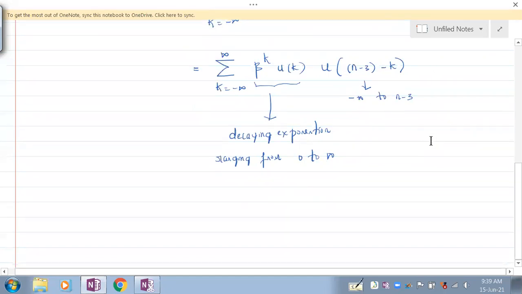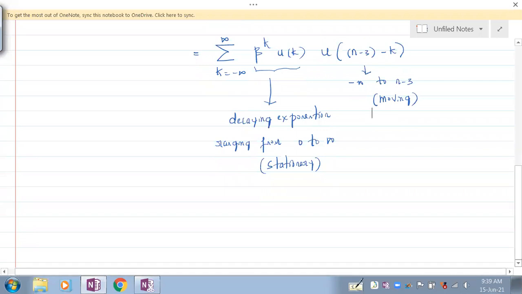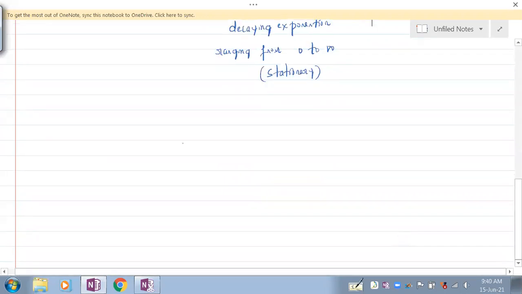So let's draw this. Fine. This is stationary. This is stationary signal. And this is moving signal because it has both n and k in it. Understand? So let's everybody just see this. When it is beta power k, I've been telling you that it ranges from 0 to infinity. So it starts here. What is beta power 0? Let beta be anything.